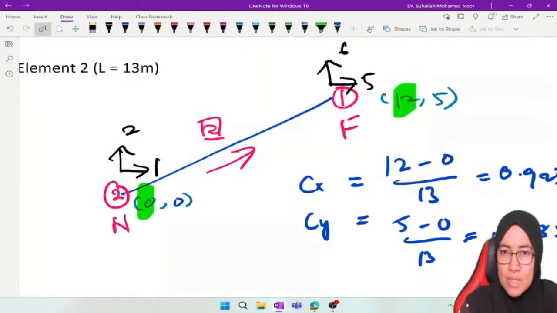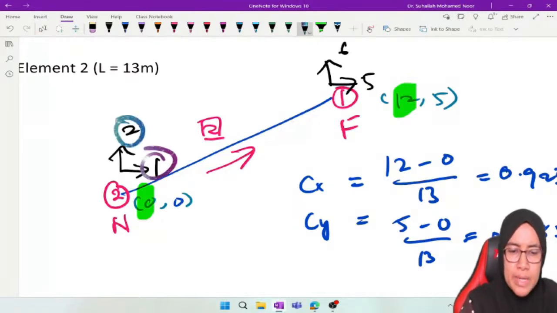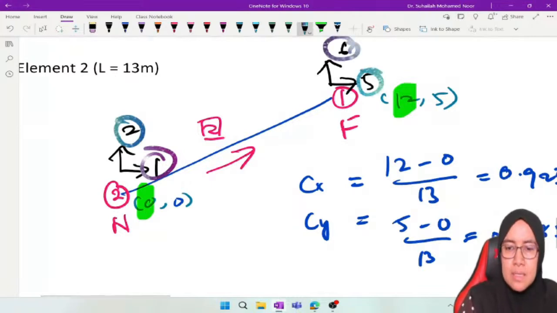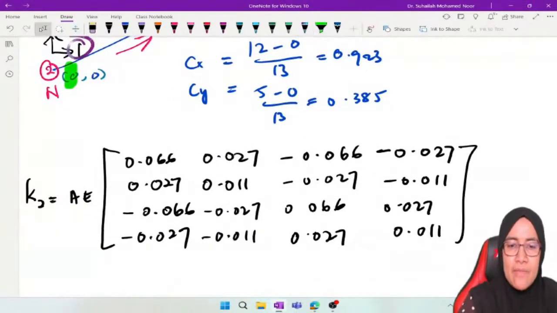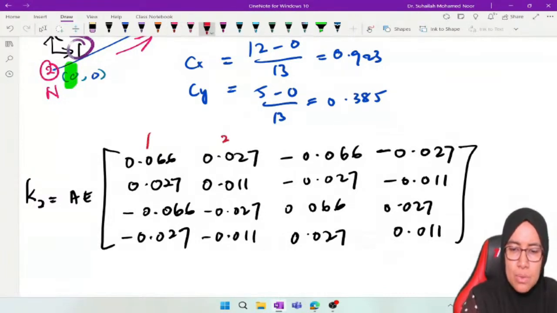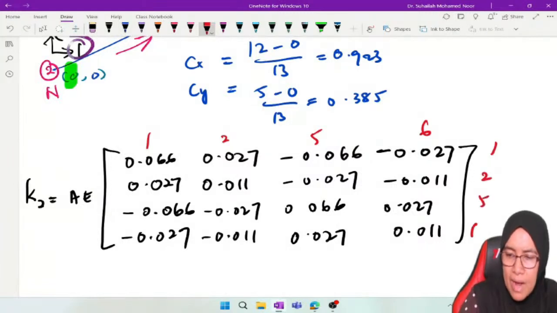Far XY is 5, 6. So the label for this K2 is 1, 2, 5, 6.